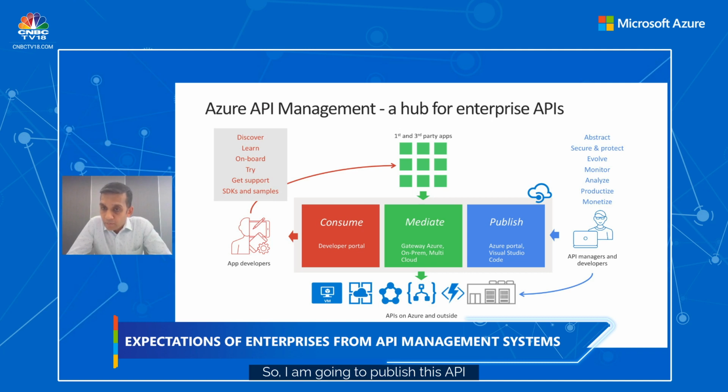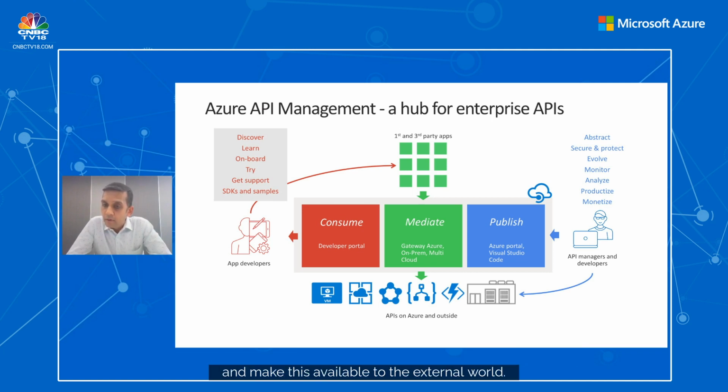So I'm going to publish this API and make this available to the external world. So how do I make sure that these APIs are only available to the partners that I trust? That's extremely important. How do I monitor the usage of API? How do I throttle the number of requests that are pushed in? Now, these are the key expectations from an API provider perspective. So Azure API Management covers all these needs.